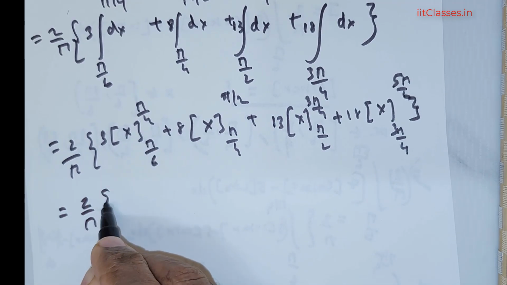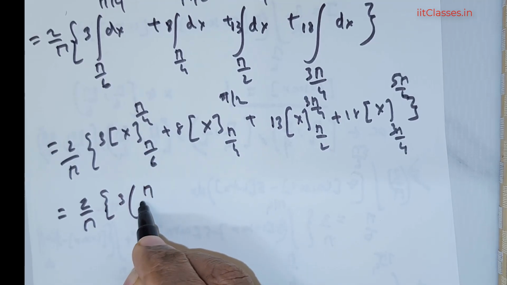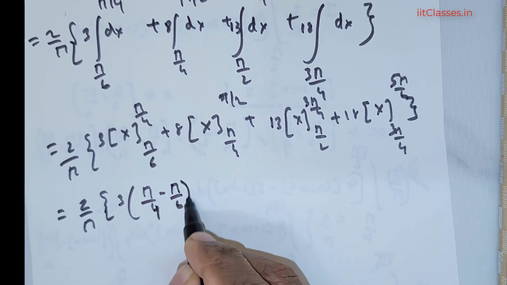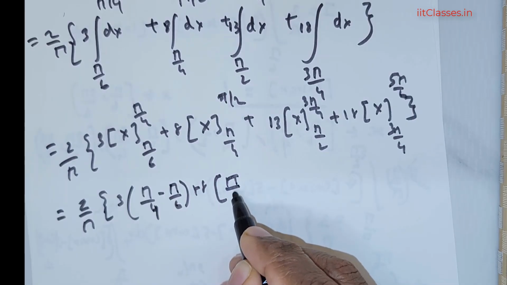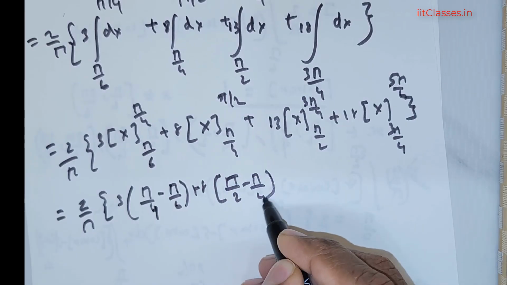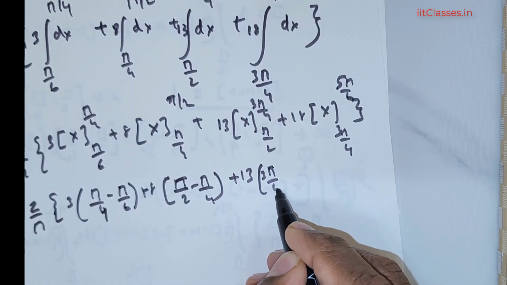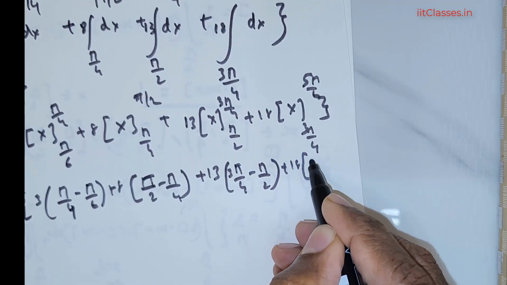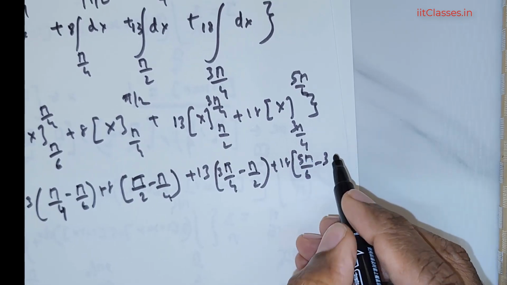So this is 2 over pi. You apply the upper limit minus the lower limit, upper limit minus the lower limit, upper limit minus the lower limit.